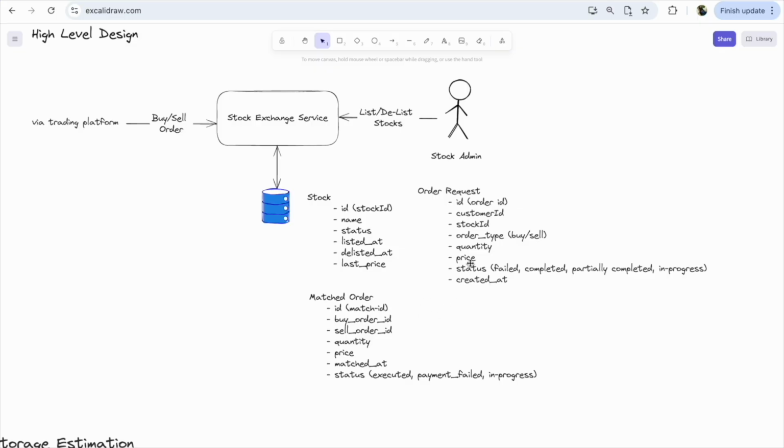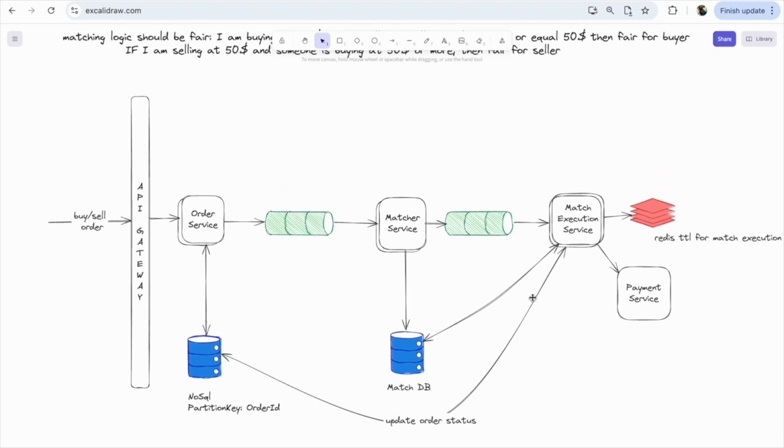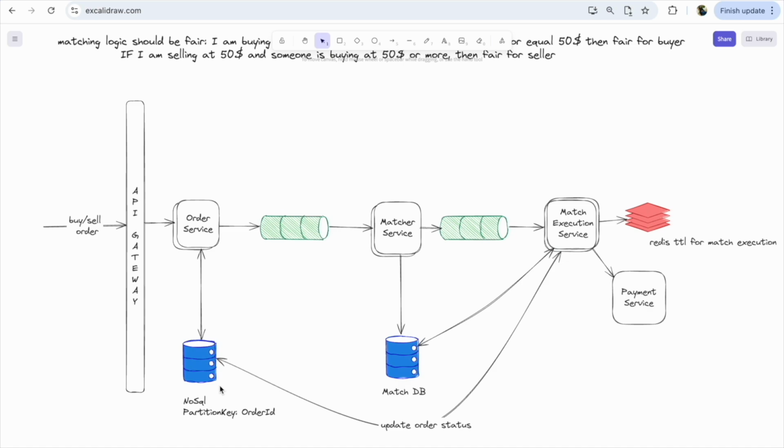For this we don't need any highly complex schema relations, so we can go ahead with a NoSQL database like DynamoDB here. Later, if we want to scale this database, we can partition it using order ID.